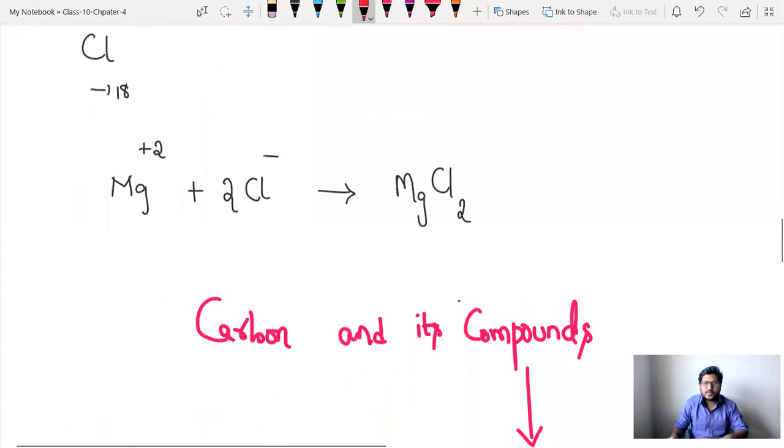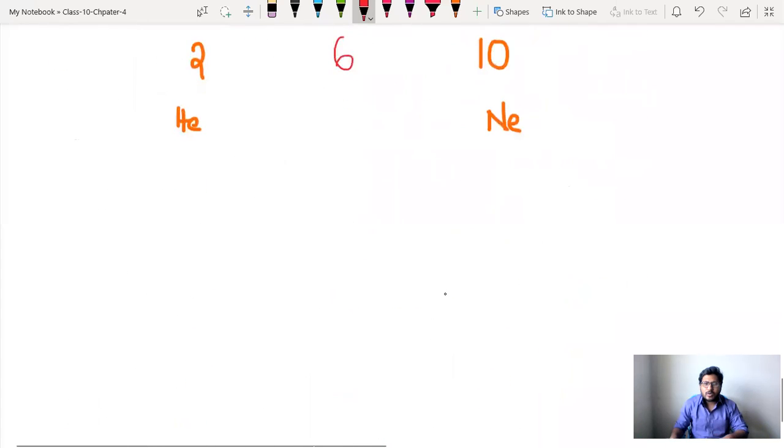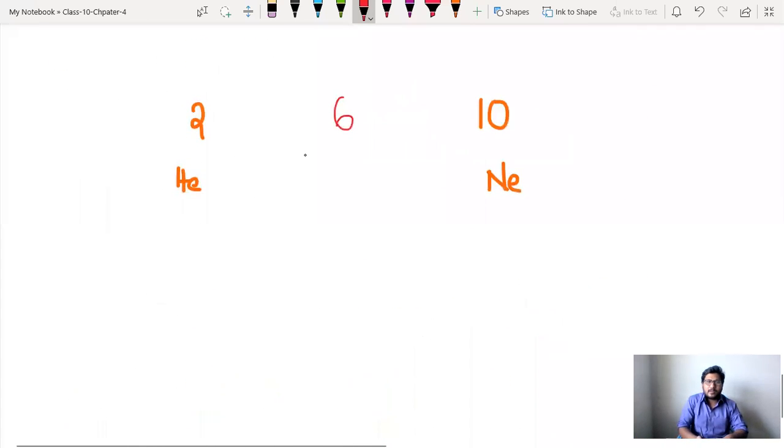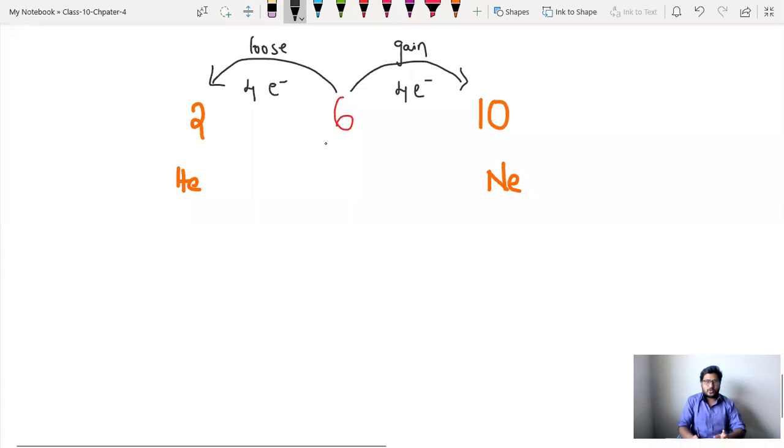Now you see, carbon, to become stable, either it should lose 4 electrons or it should gain 4 electrons. So if it is losing 4 electrons, it will become 2. If it is gaining 4 electrons, it will become 10, such that it will be stable.